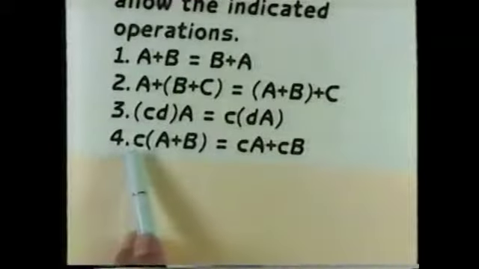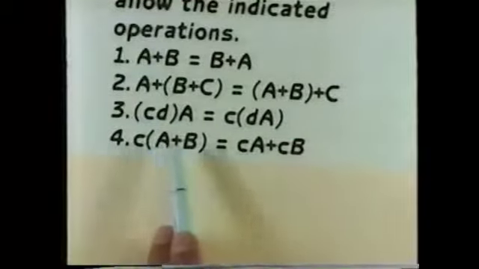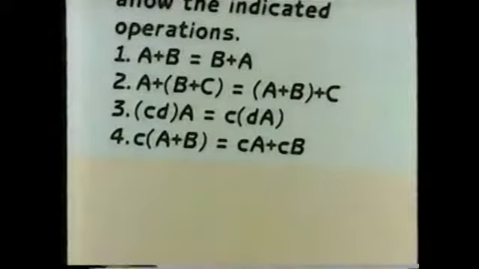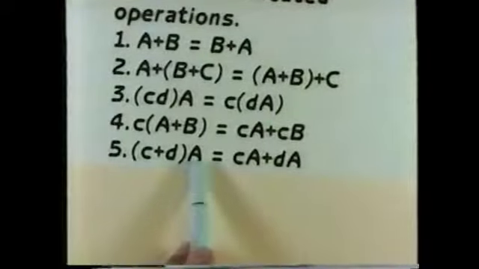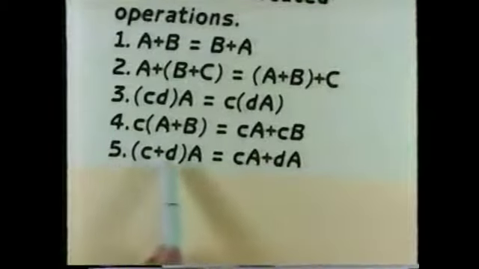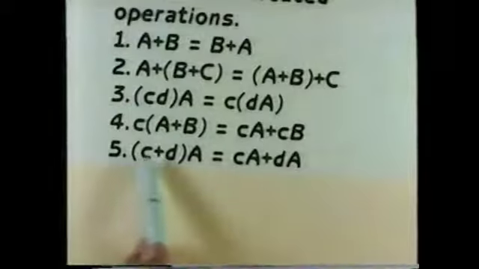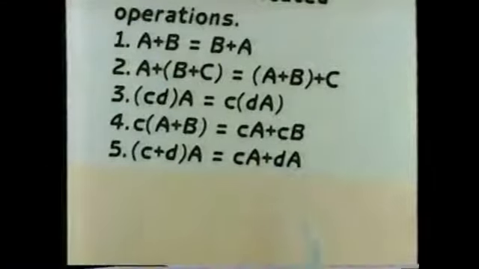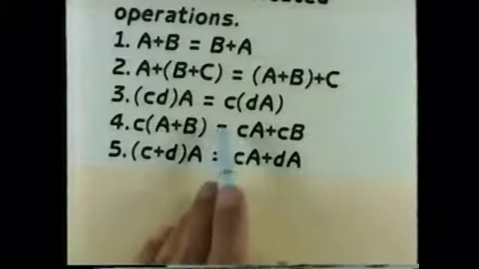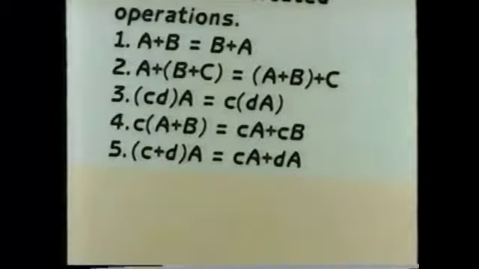So I distribute the C over matrix A and matrix B. And I can distribute the matrix over the scalars. So C plus D times A, I can multiply the A with the C to get the CA, A with the D to get the DA. So these are your two distributive properties. You can distribute the scalar, you can distribute the matrix.